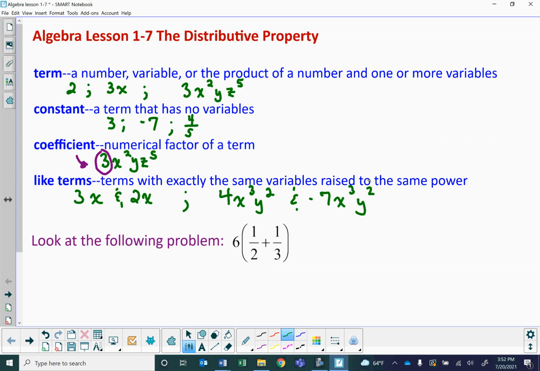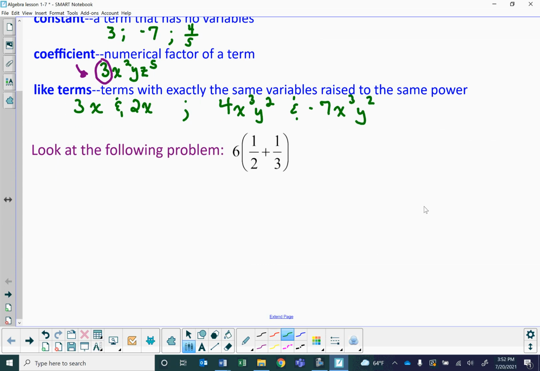So let's look at the following problem. 6 times (1/2 plus 1/3). There are 2 ways to solve this problem. The first one would be to work with whatever is in the parentheses first. If you follow the order of operations, which many people do, you do what's in the parentheses first. 1/2 plus 1/3, I need a common denominator, which would be 6.